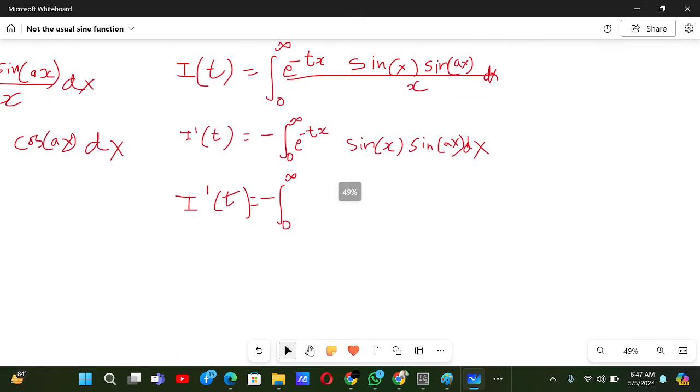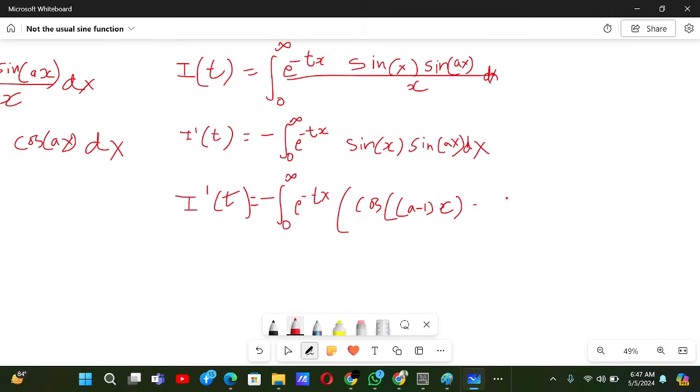Now let us convert this product to a sum: half of cos of (a minus 1)x minus cos of (a plus 1)x. And the next thing is to use the Laplace transform.